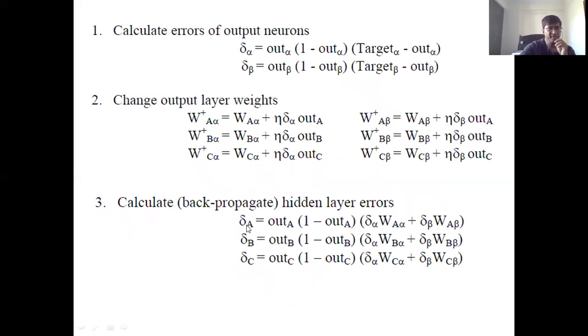We again find the same term, the output at A times 1 minus the output of A. Then the error at alpha, the output neuron, times the updated weight. Note that we have not used the plus sign over here, so these weights are not old weights, these are the updated weights. So we take the error at alpha and the updated weight between A and alpha, and similarly the error at beta and the updated weight between A and beta.